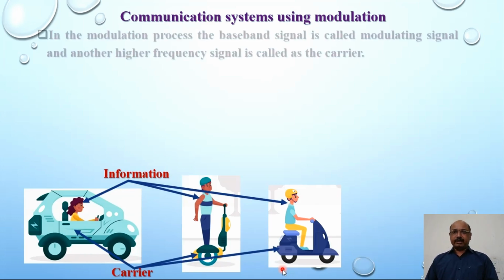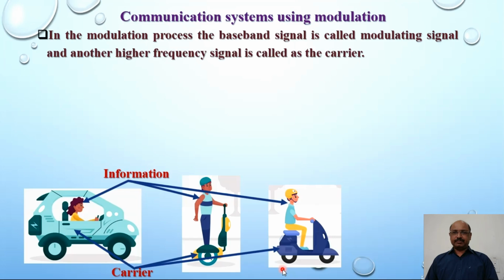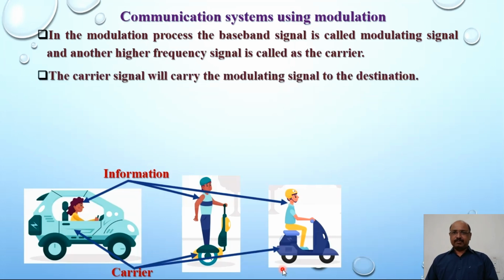The same technique is used in modulation. In the modulation process, the baseband signal is called the modulating signal, and another higher frequency signal is called the carrier. The carrier signal will carry the modulating signal to the destination.